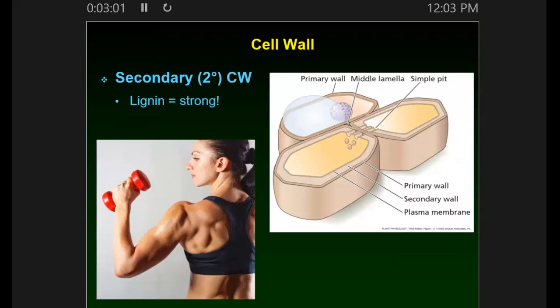And one of the reasons that it's stronger is that it has an additional chemical called lignin, right, which is a branched polymer, which we don't have to get into the details of, but it is very strong. And as the artist drew this, you can see the plant cell, the secondary cell wall is much thicker in appearance compared to the primary cell wall.